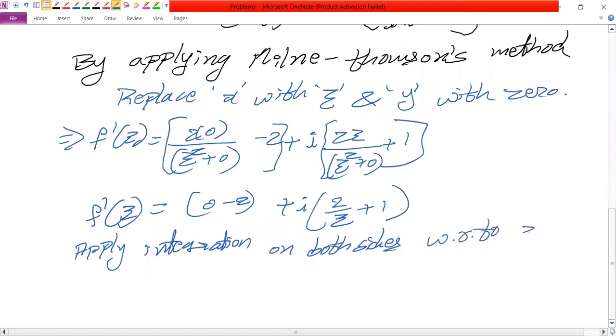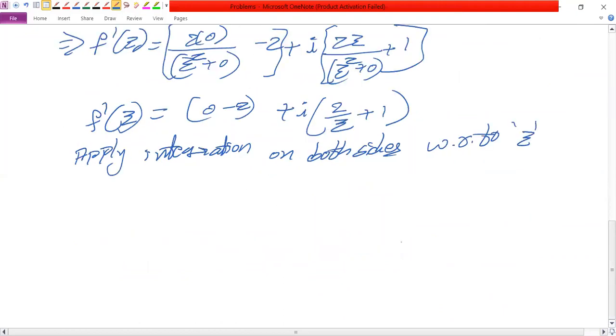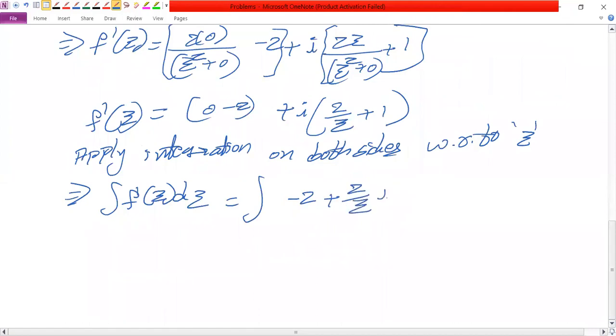On the left-hand side it is direct. Integration of f dash of z dz equals integration of minus 2 plus 2 by z into i plus 1, dz.